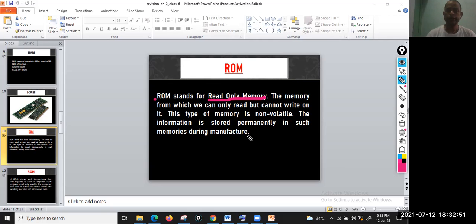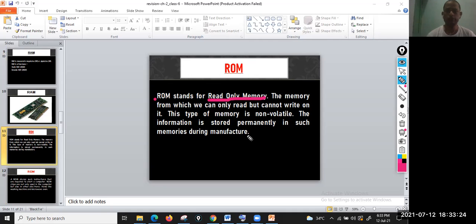And you also find it in some devices, for example, washing machines, where you can set the timer, and inside there is a ROM. Also the microwave oven, where you can also set the timer, and there also a ROM works. And various applications.